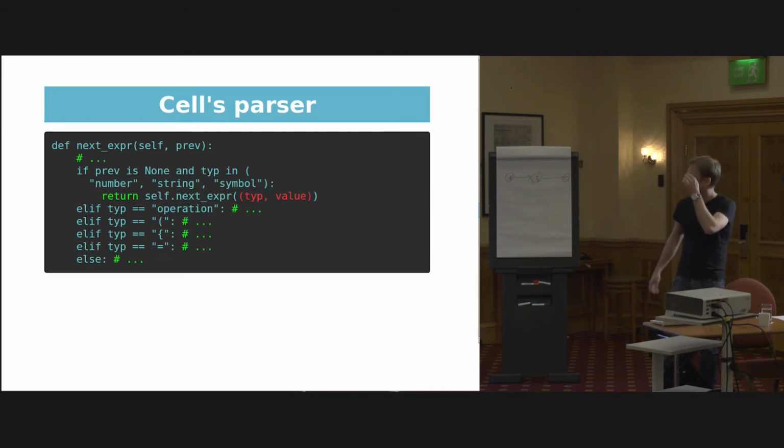So the first case to handle is if we haven't parsed anything yet, so prev is none, but then we've now hit a token of a certain type, number, string, or symbol, then in some sense we've finished.